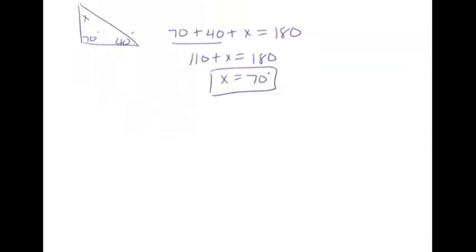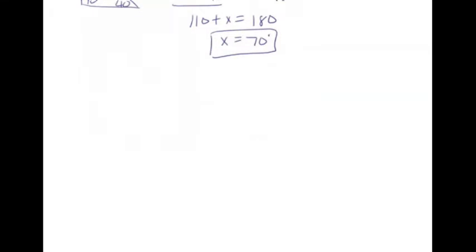Okay, I'm going to do just one more like this for you. I swear to you, it's really just this simple. Hopefully you're feeling that way. Wow, okay, I just lost my triangle. All right, let's do 52 and x and 30. Again, I know that 52 plus 30 plus x all has to add to 180 degrees.